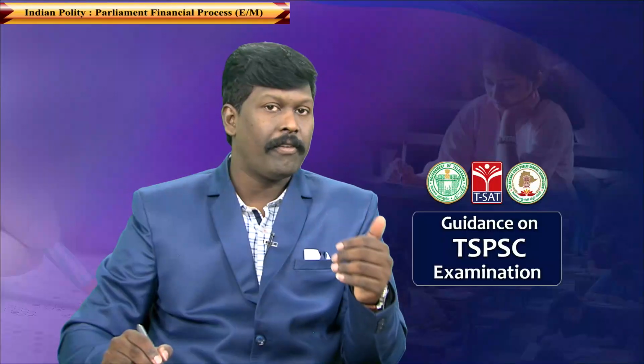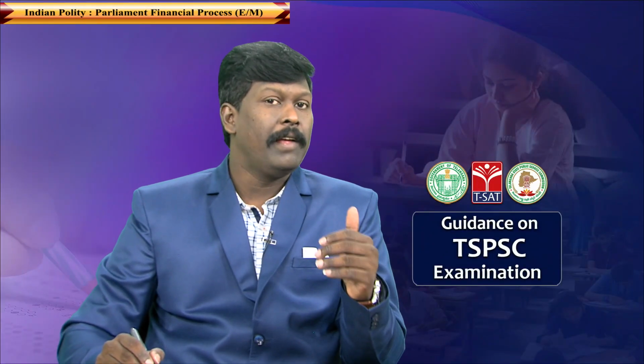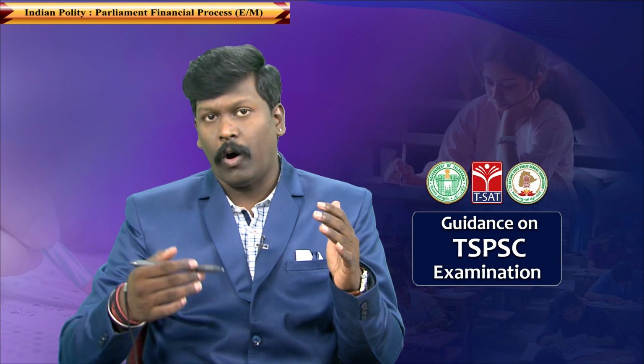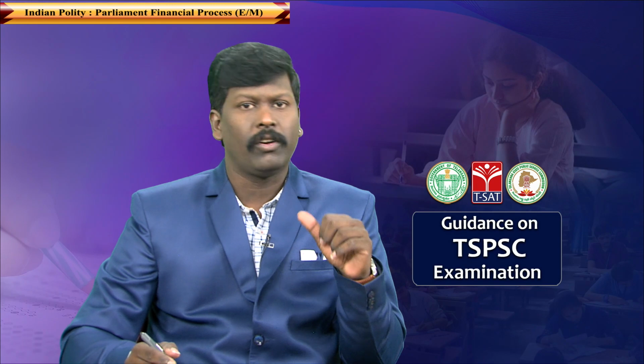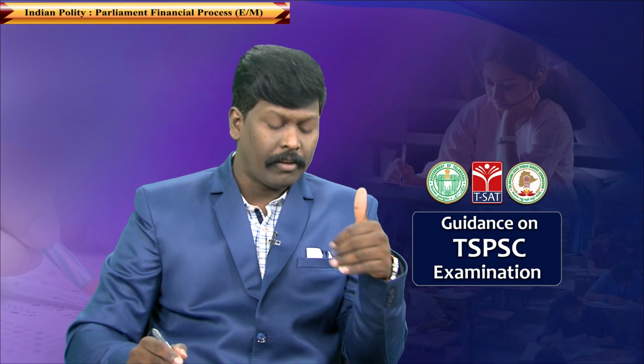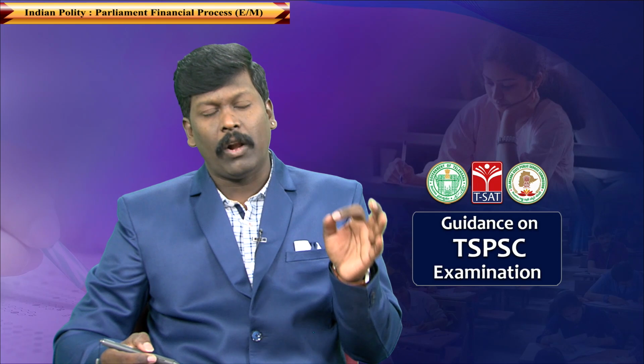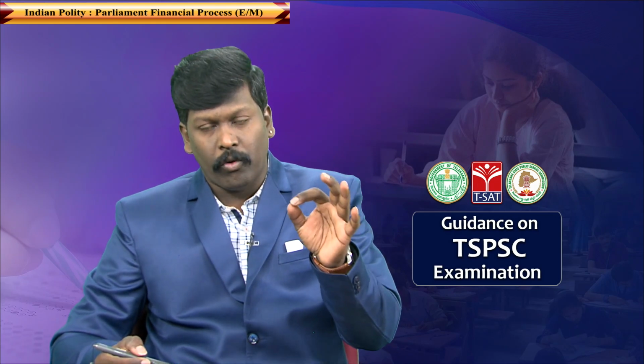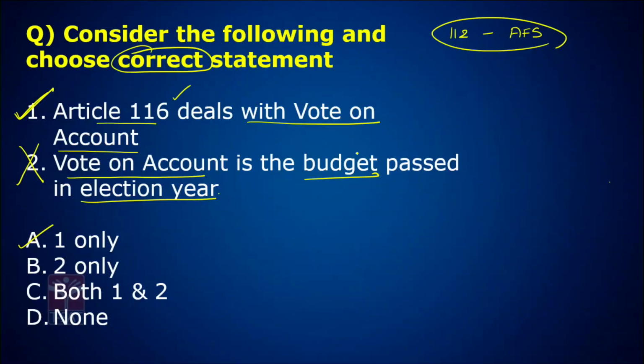Now this is a favorite question in your exam. Many people tend to opt for the wrong answer. If you think the answer is C, that is absolutely wrong, because the answer for this is A. Statement 2 is wrong, statement 1 is correct. Article 116 deals with vote on account, but it is not the budget passed in election year. Then what is it?